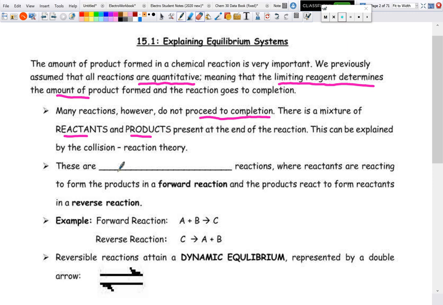So what we end up getting is that these are reversible reactions, where reactants are reacting to form the products in a forward reaction, and of course the products can react to form reactants in the reverse reaction.